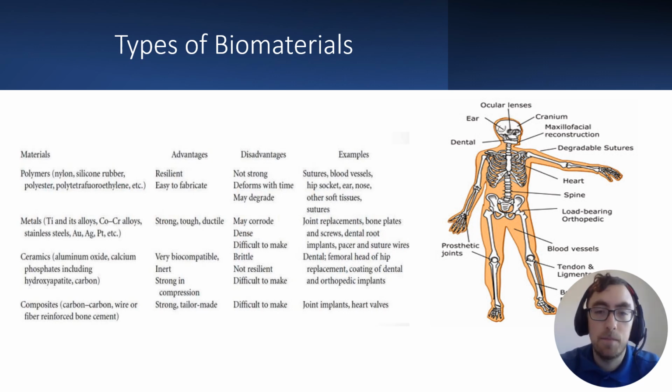Some examples, if you are having a hard time reading any of those, are heart valves, artificial tissues, dental implants, intraocular lenses, vascular grafts, and hip replacements, as there's a few more in there, like ears and going a little more in depth into blood vessels and tendons and ligaments. But yeah, feel free to reflect on this slide if you would like to know a little bit more on why you would choose one over any of the others.